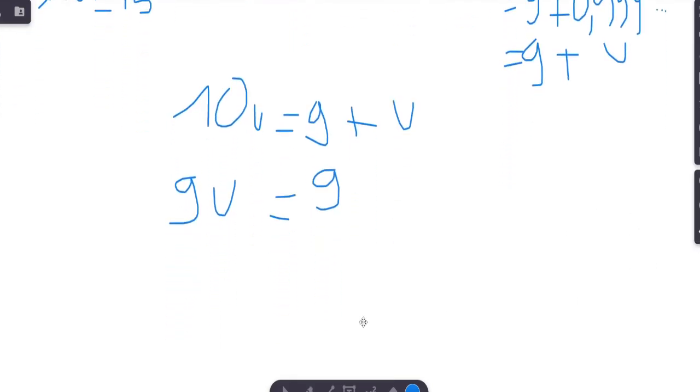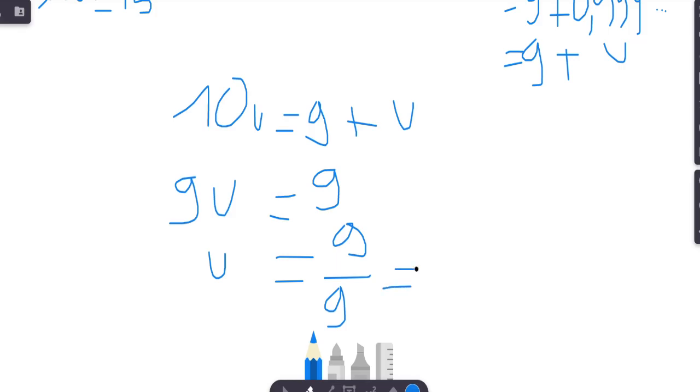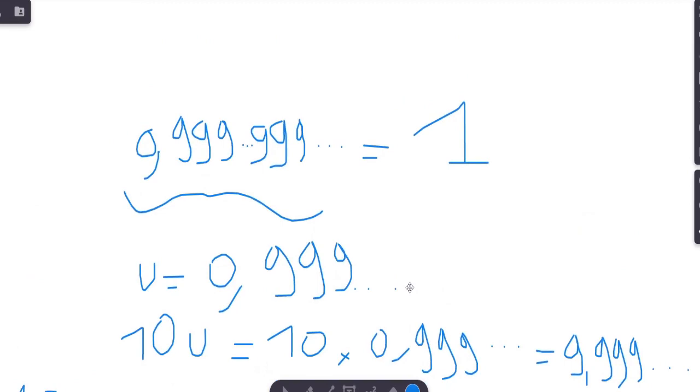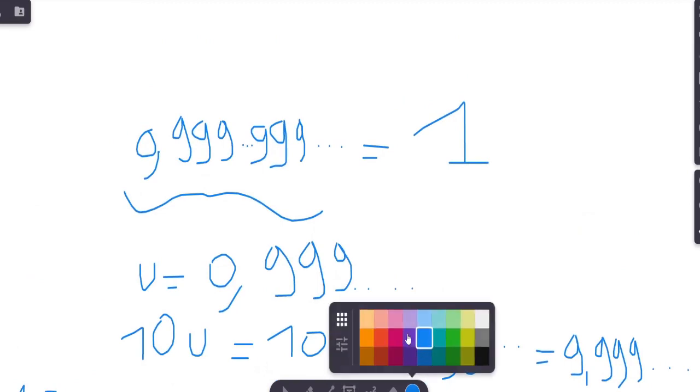And then again, by dividing both sides of the equation by 9, we have u equals 9 divided by 9 equals 1. So here it is, u, so 0.99999 with an infinite number of 9 equals 1.